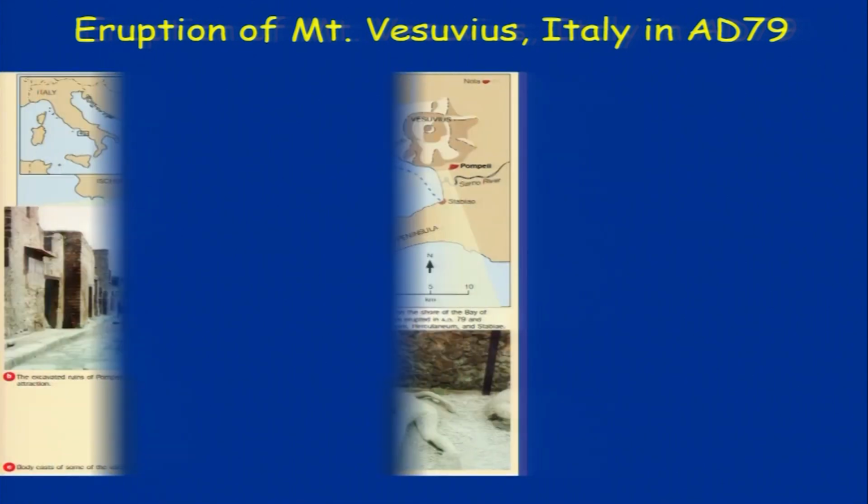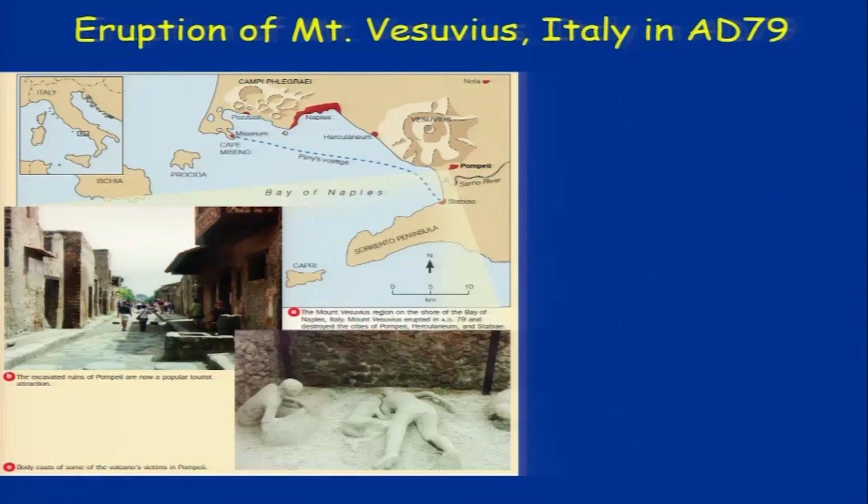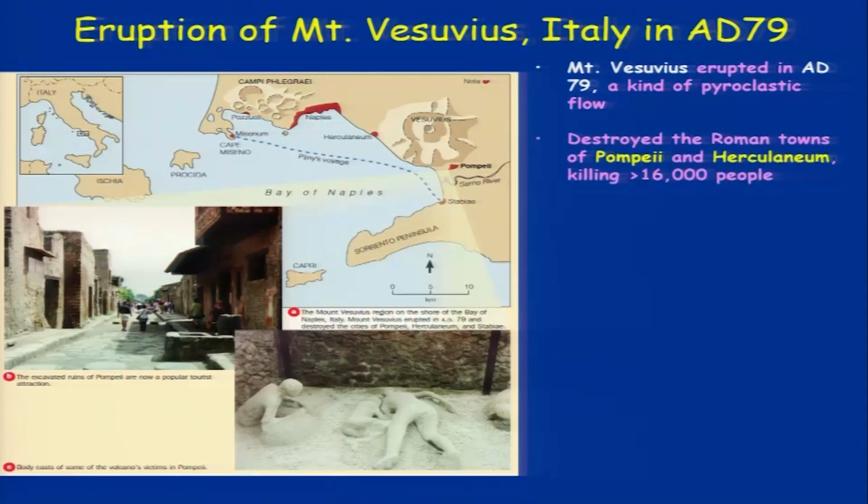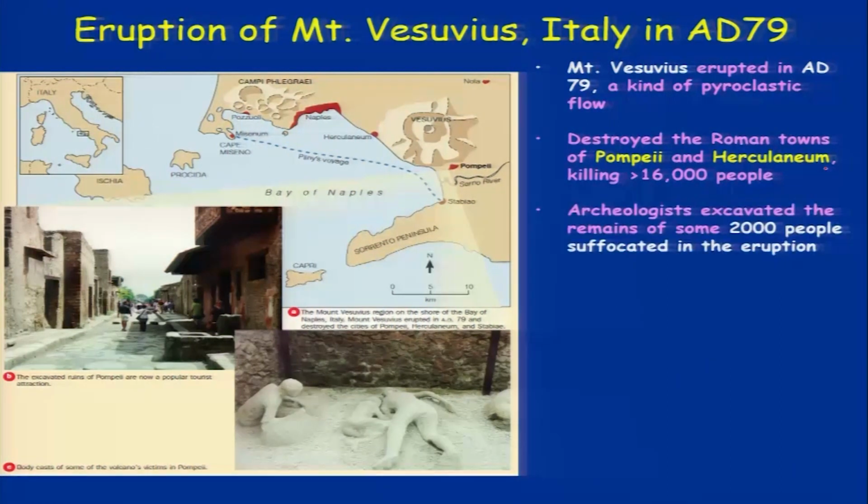Now the eruption of Mount Vesuvius, Italy, in AD 79. Mount Vesuvius erupted with a kind of pyroclastic flow, which includes rock fragments as well as ash, and destroyed the Roman towns of Pompeii and Herculaneum, killing more than 16,000 people.